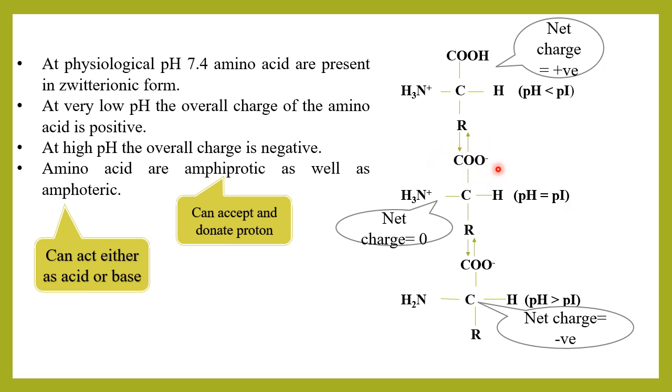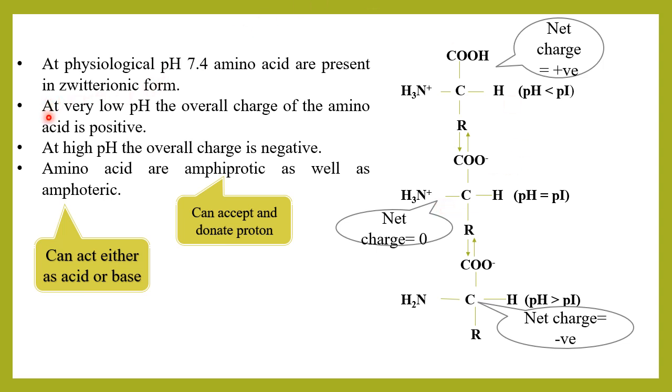As I said in the previous slide, the carboxyl group acts as an acid and can donate a proton. So here this carboxyl group has donated its proton and become negatively charged, while this amino group can act as a base and accept a proton and it has gained a positive charge. So here both charges are present, negative as well as positive. So this amino acid is existing in zwitterionic form and the net charge of this amino acid will be 0.